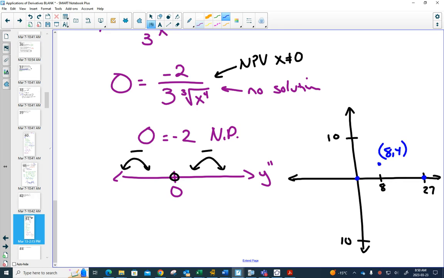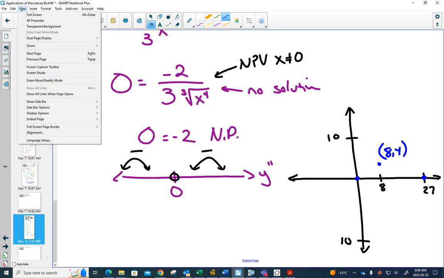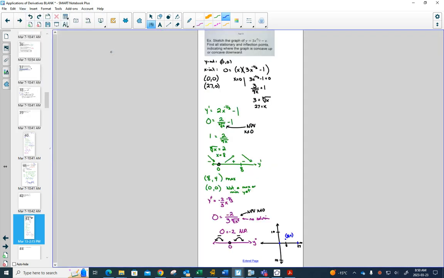And in fact, if we go up here, just change our view so we don't have to skip. Oh, perfect. You can see that really well. If we look in our green, we found out that (8, 4) was a maximum. We know that our graph is going down until 0, then up, then down.